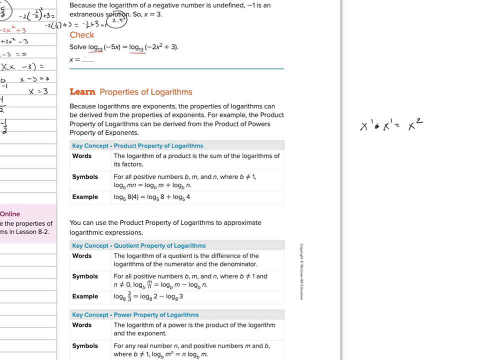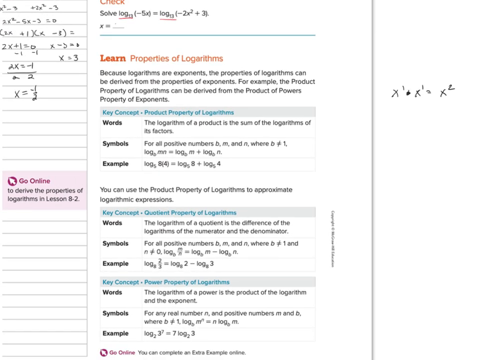Well, if you look, when I have a base with two things being multiplied together, that is the same thing as adding them separately. So it's very similar to the exponent rules. I can separate this into its factors and add those things together independently.